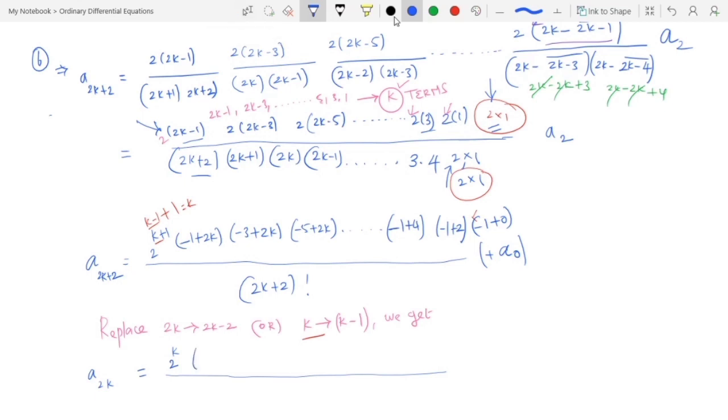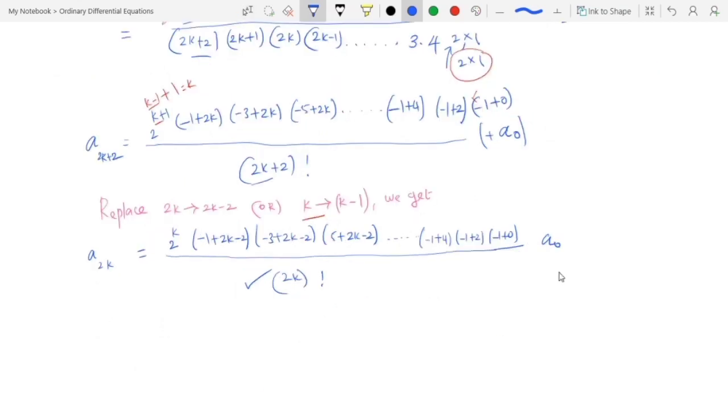Or write as it is: minus 1 plus 2k replaced by 2k minus 2, minus 3 plus 2k minus 2, minus 5 plus 2k minus 2, and so on, minus 1 plus 4, minus 1 plus 2, minus 1 plus 0, and a0 by 2k factorial, because 2k replaced by 2k minus 2, plus 2, that is 2k factorial in the denominator.